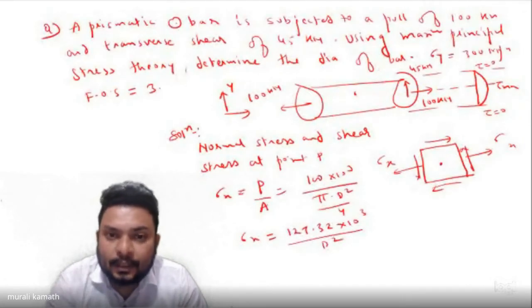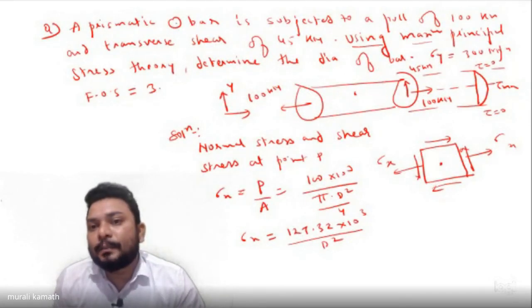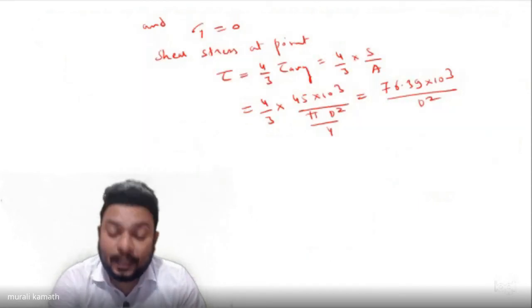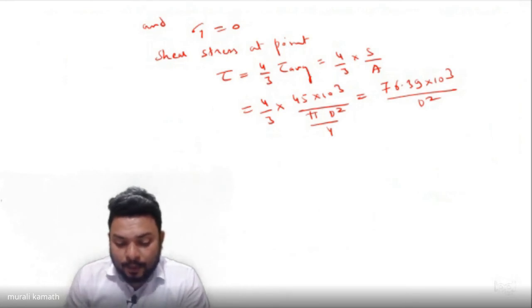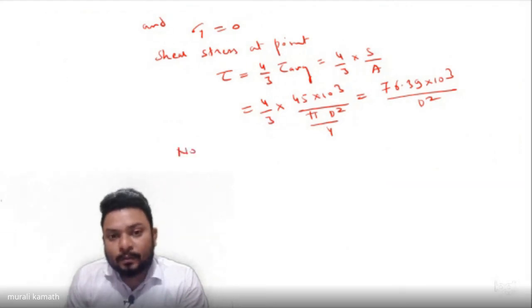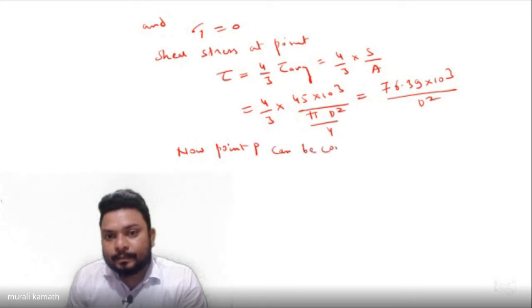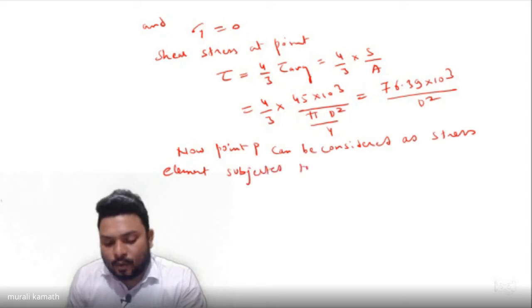According to maximum principal stress theory, we require principal stresses, right? So now we will find out the principal stresses. Point P can be considered as a stress element subjected to stress in x direction and tau.